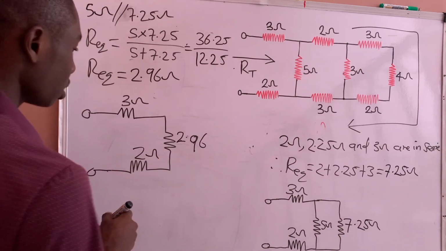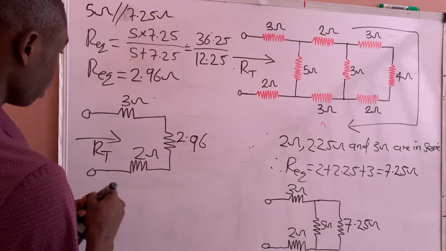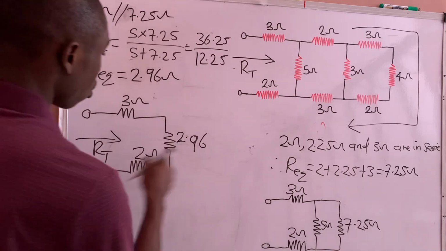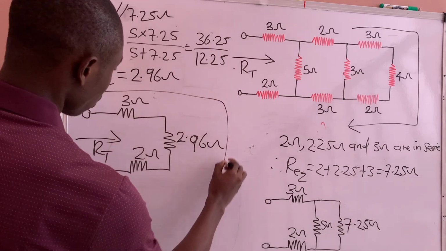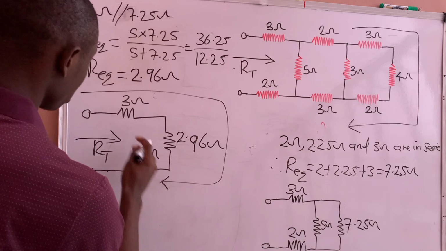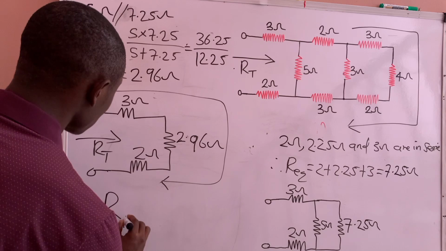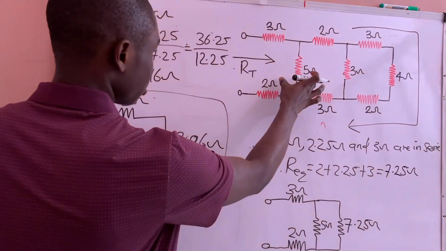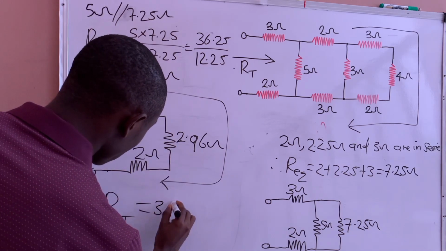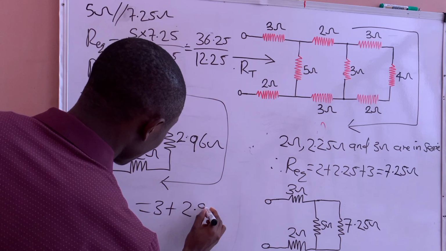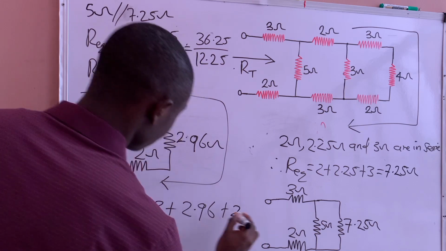At this point, these 3 resistors are in series, because the same amount of current will flow through them. So the total resistance, which is the equivalent resistance of this complex network, will now equal 3 plus 2.96 plus 2 ohms.